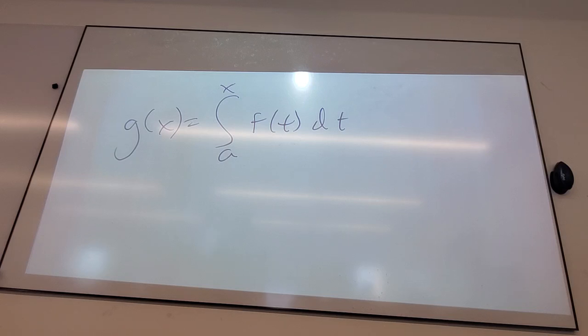I affectionately refer to it as FTOC. There's going to be FTOC 1 and FTOC 2, two parts to this theorem. The first part is nifty, the second part is insanely important, it's everything.